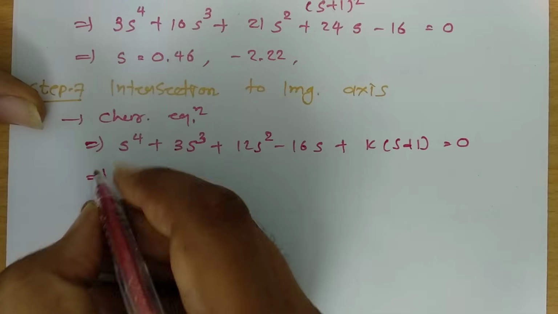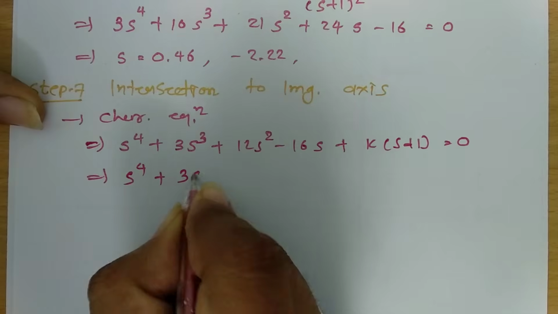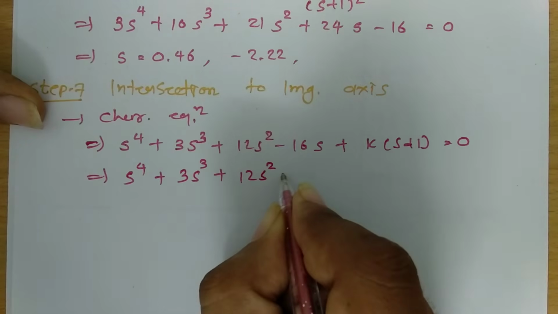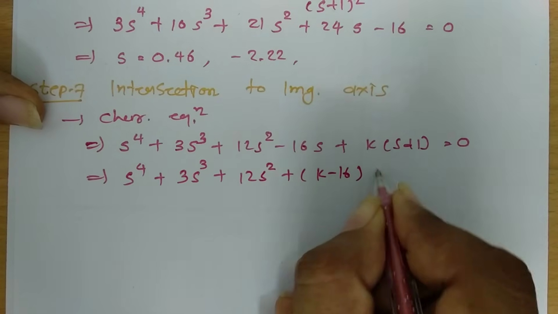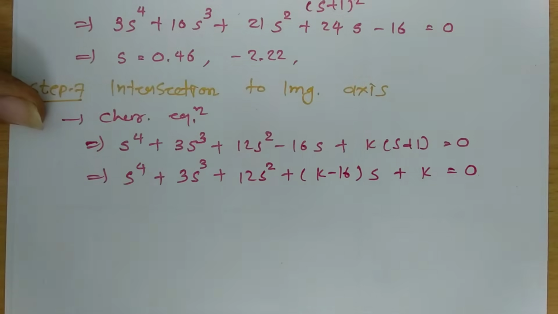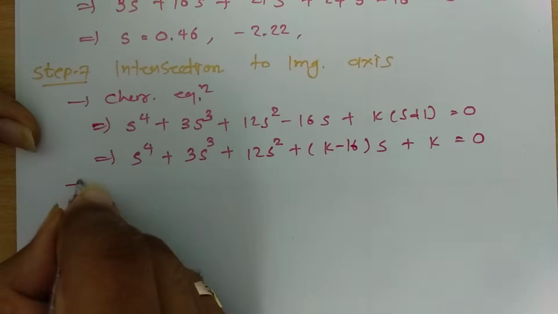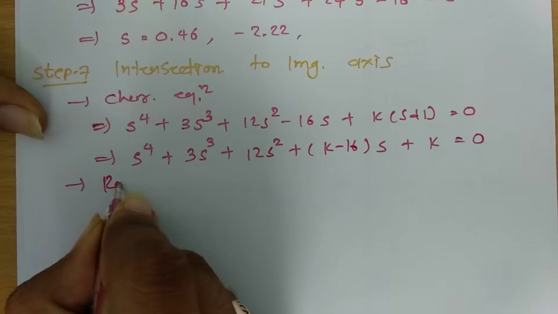Again, I am rewriting this equation: s raised to 4 plus 3s cube plus 12s square plus k minus 16 into s plus k equals 0. Now the second step of the intersection to the imaginary axis is to calculate the Routh array.